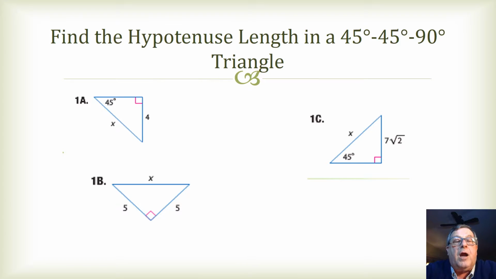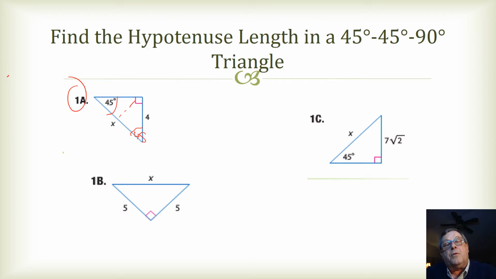Here we have three triangles we're going to consider, and we're going to start with 1A. We see that it has a 45 degree angle and a 90, which means this angle here is also going to be 45 degrees. So it's a 45, 45, 90. We're going to locate the hypotenuse. It is directly across from the right angle, and right now it has a measure of x, and we're looking to find x.